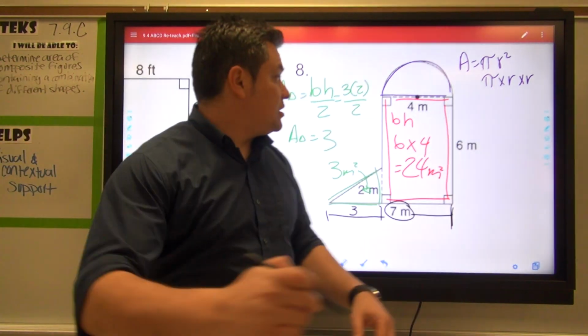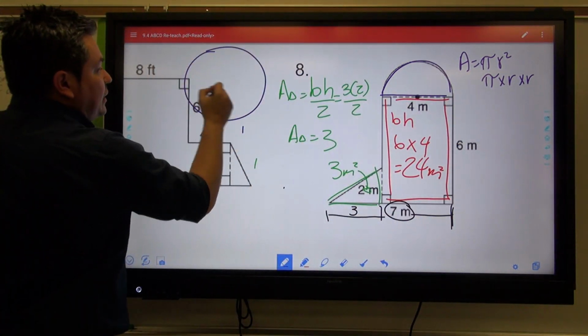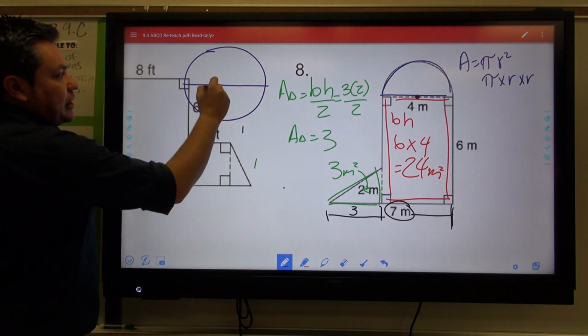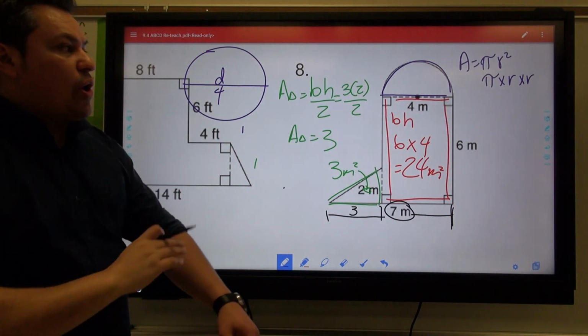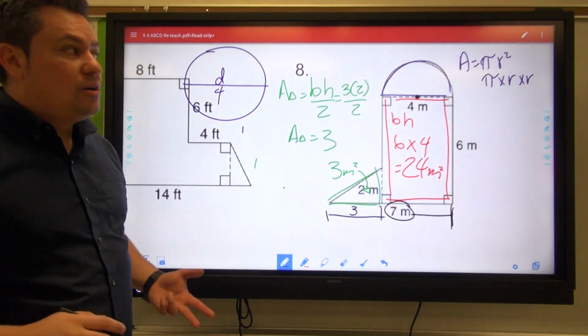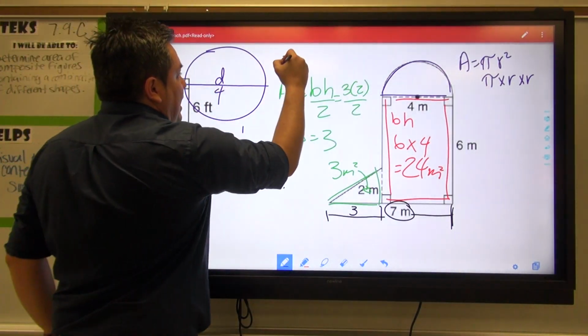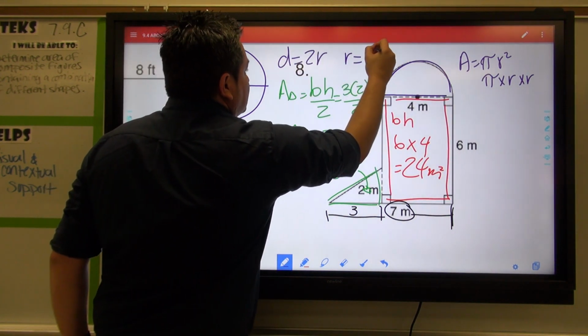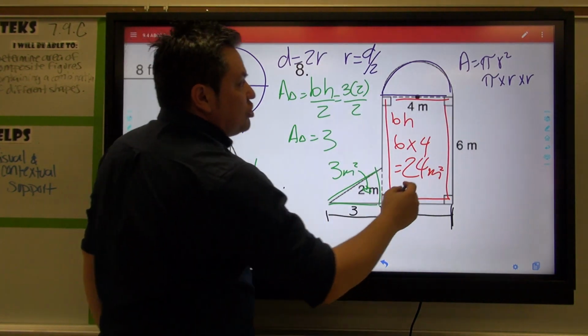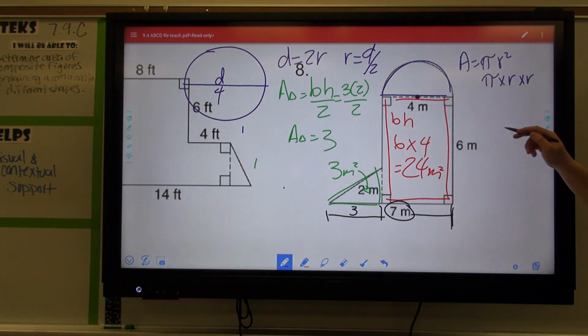The diameter, right? Because if I draw the circle, I have that line. That line is 4, and that line is the diameter. So my radius is going to be 2, because radius equals diameter divided by 2.